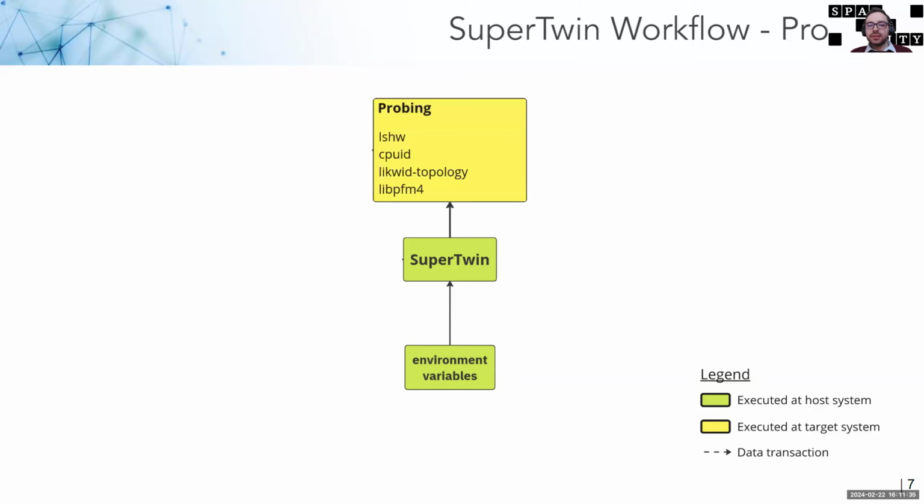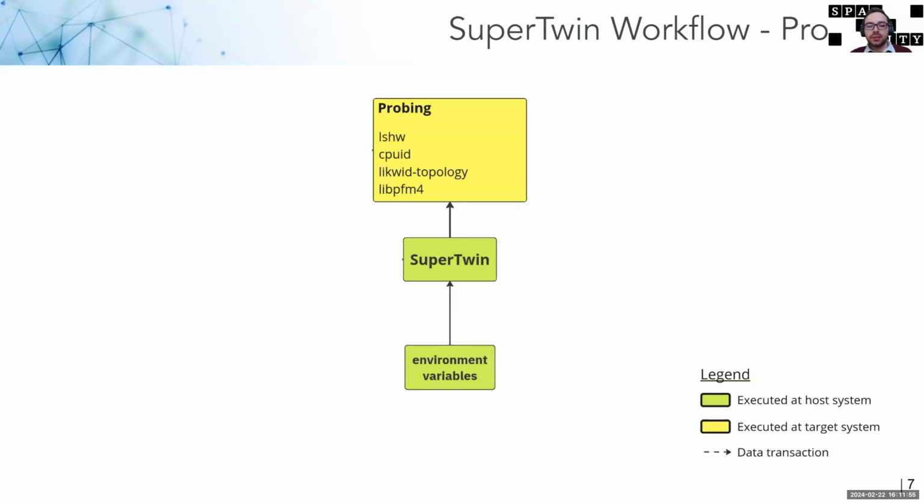SuperTwin functionalities consist of different phases and scenarios. To be able to model the target system and generate its digital twin, we need to have in-depth information of the target system. SuperTwin runs a probing on the target system using widely available Linux tools.